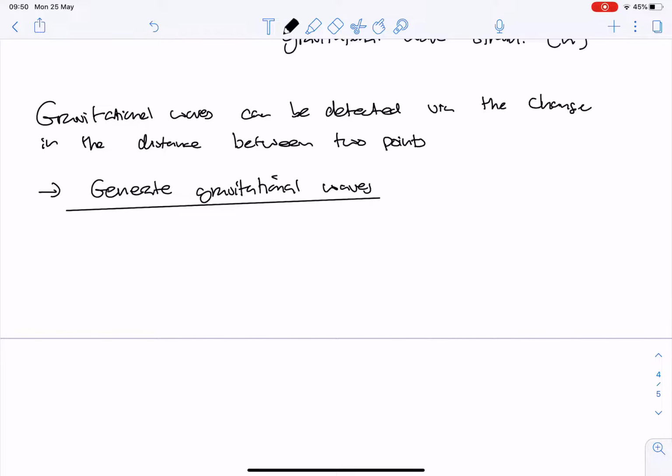So essentially, again, I'm not going to go into the details, but energy momentum conservation gives the following.